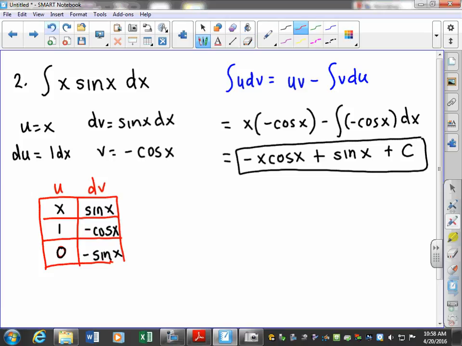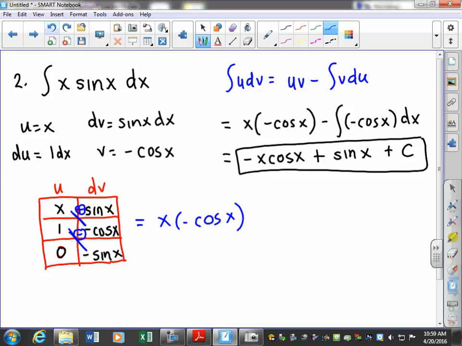Alright, now here we go. We said we would multiply here, because that's our uv. So let me draw a line, I don't want them to look like on the notes. X times negative cosine of x. Alright, and those two are positive, and then I would do these two, but so that's positive. I'm going to put a circle around it, and this is negative.